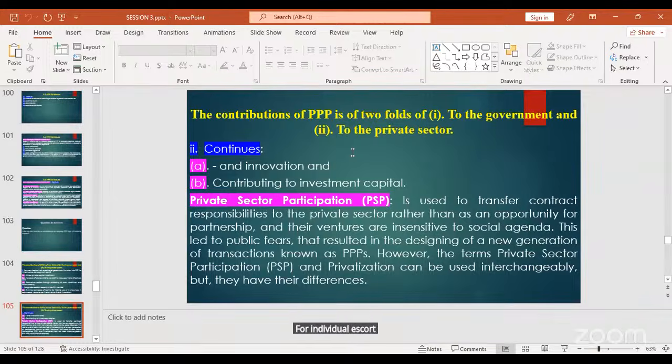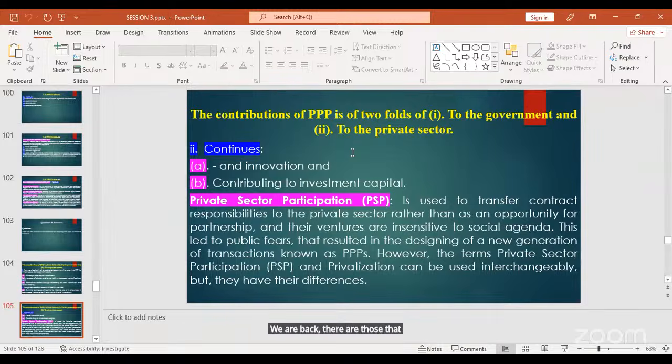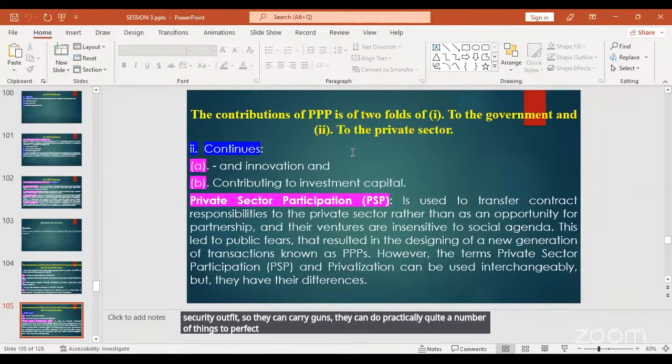If you are from places like Kwara, Kogi State, Niger, and you want to travel to your place as a private person, the private sector participation is already available in the area of security, whereby there are those that police have licensed to run as security outfit. They can carry guns, and do a number of things to protect lives.